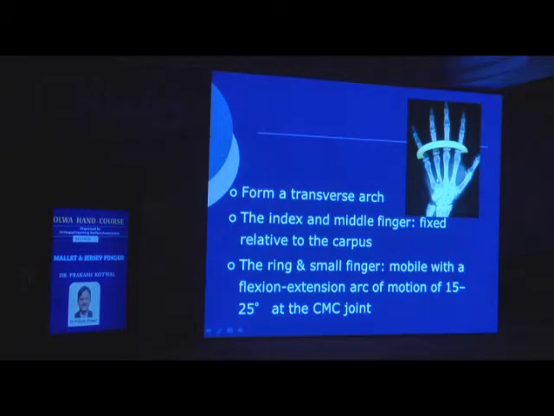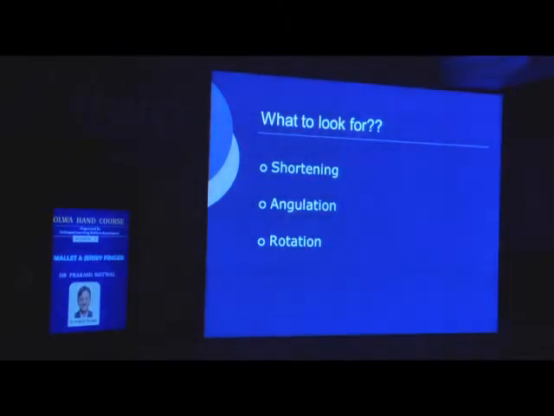Therefore, the grip strength of the fist comes from the strength of the smaller fingers. If you are making a fist, and if you move this finger out, the strength of the grip decreases considerably. This is because there occur 15 to 25 degrees of flexion at the CMC joint of the metacarpals of these two ulnar fingers.